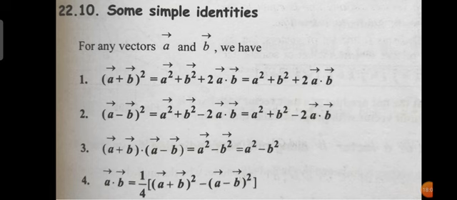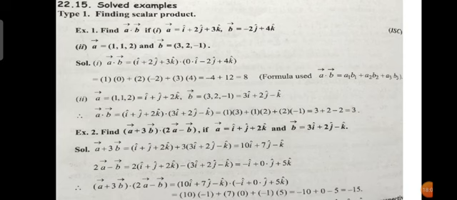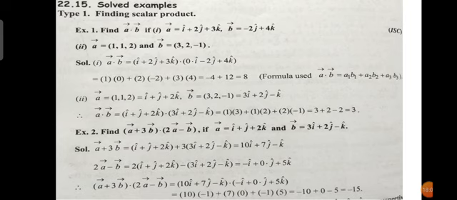These identities are used to solve problems. There are solved problems for you to find the scalar product. I think it is easy. All the necessary properties have been given, so you just work out these problems. Many problems have been given.